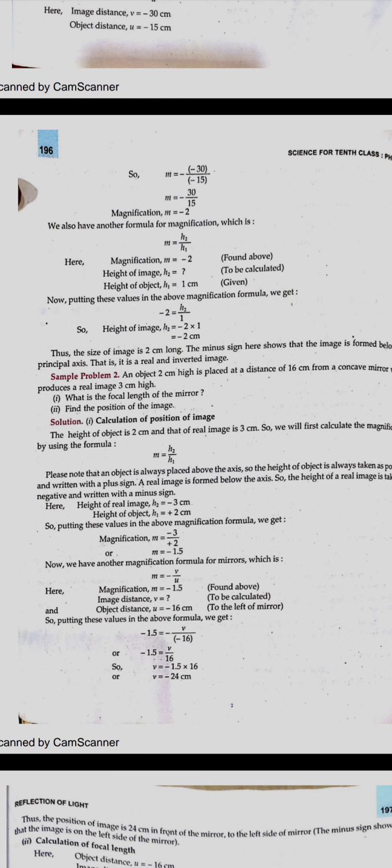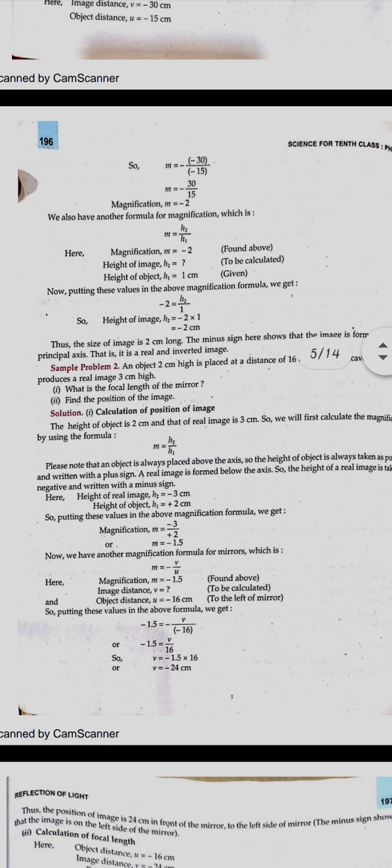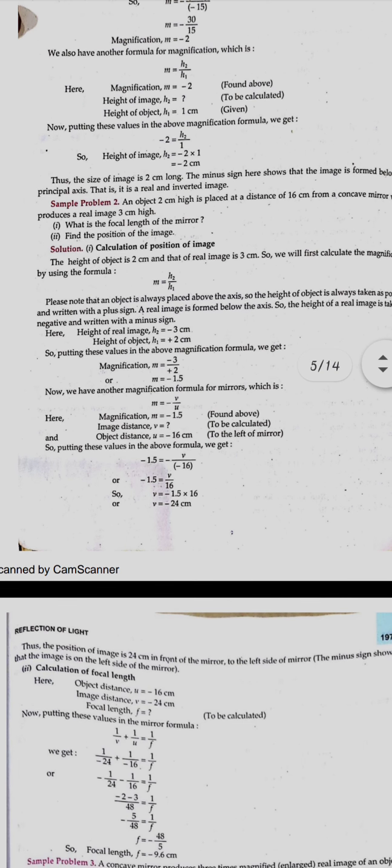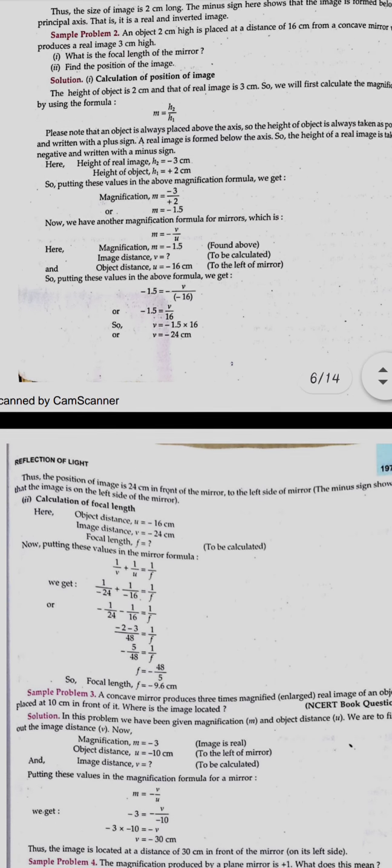So the size of the image will be magnified twice. The height of the object was 1 centimeter, so the image will be twice that, that is 2 centimeter, and this 2 centimeter long image will be formed on the real side. So it will be found below the principal axis, because it is an inverted image, a real and inverted image. So this is how you find the nature and the size of the image.